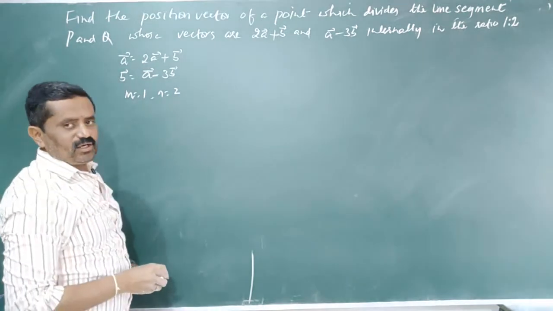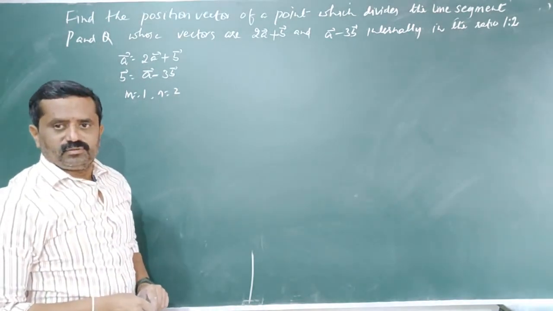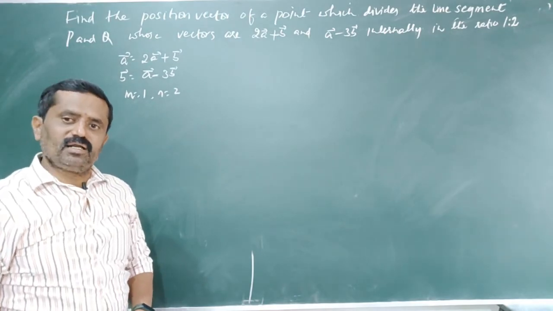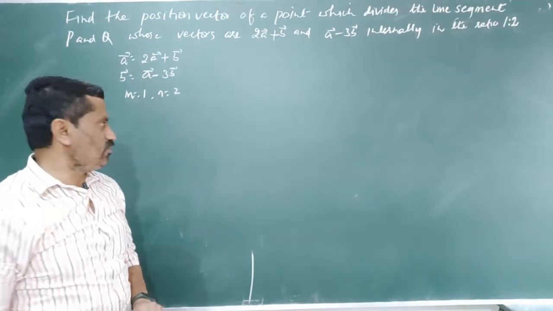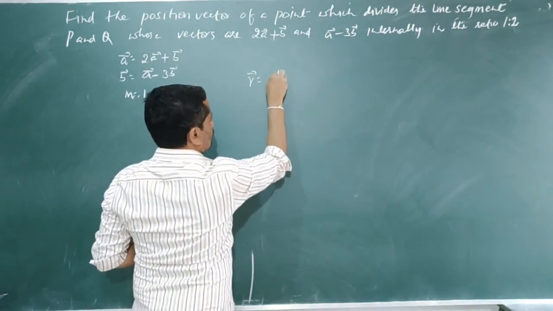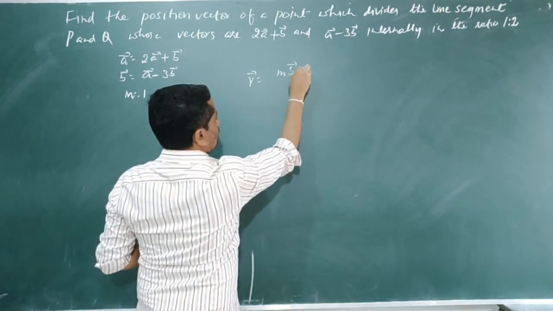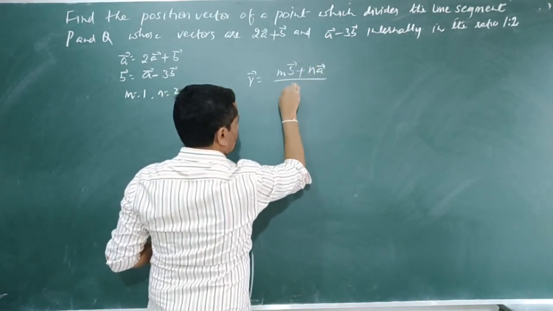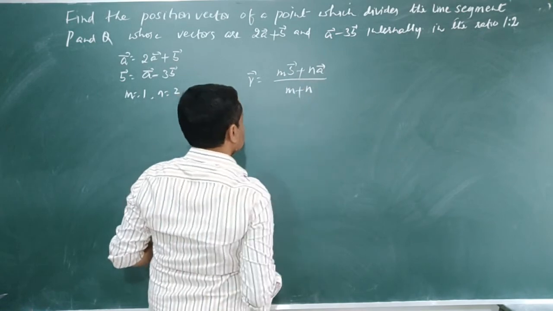So we have the formula. The position vector of a point which divides the line segment internally in the ratio m is to n is given by r bar is equal to (m into B bar plus n into A bar) divided by (m plus n).